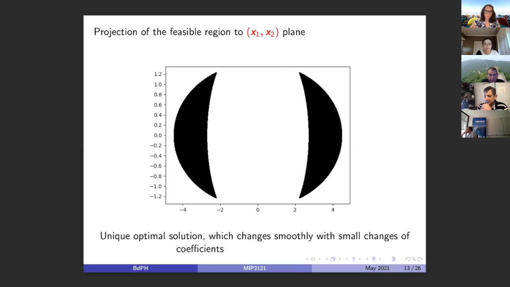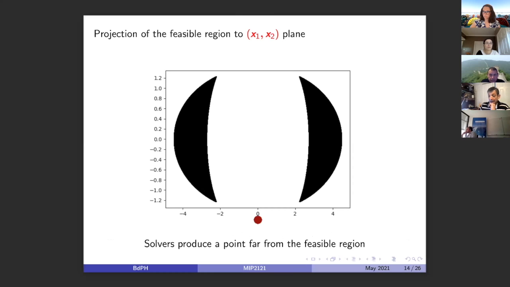But this is the classical definition of a well-posed problem, that the feasible region should not change very much as we change coefficients by a small enough amount, and the optimal solution is well behaved. Now, the solvers want to give us a point that is right here, which is not feasible. It's not even close to the feasible region.